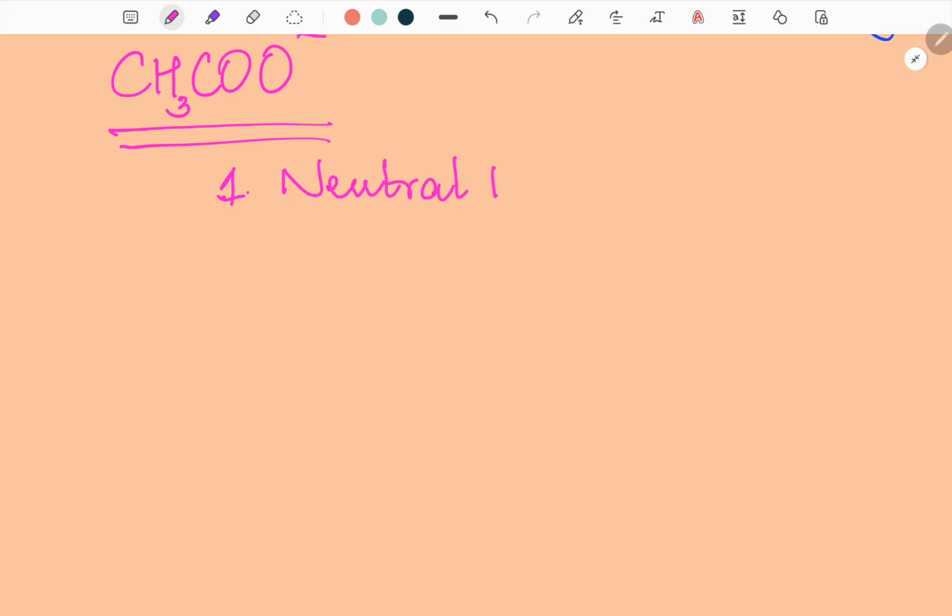Now, why do we say neutral ferric chloride? If you see, ferric chloride is a Lewis acid. So when you are preparing ferric chloride, some base like ammonium hydroxide or a weak base is added to normalize the acidity, because ferric chloride, even though it is a salt, is a Lewis acid, so it is an electron acceptor.